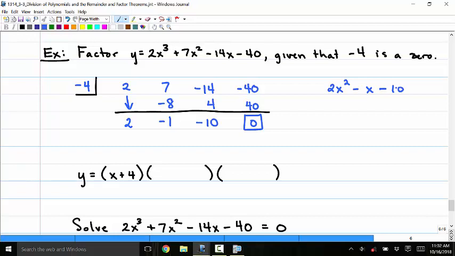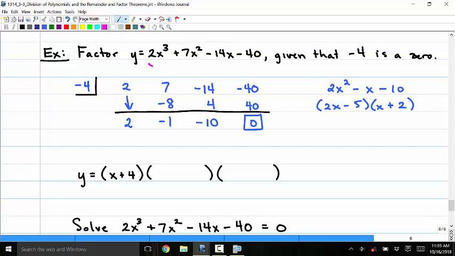That factors, yes? It factors to 2x minus 5 and x plus 2. Okay, your 3 factors.